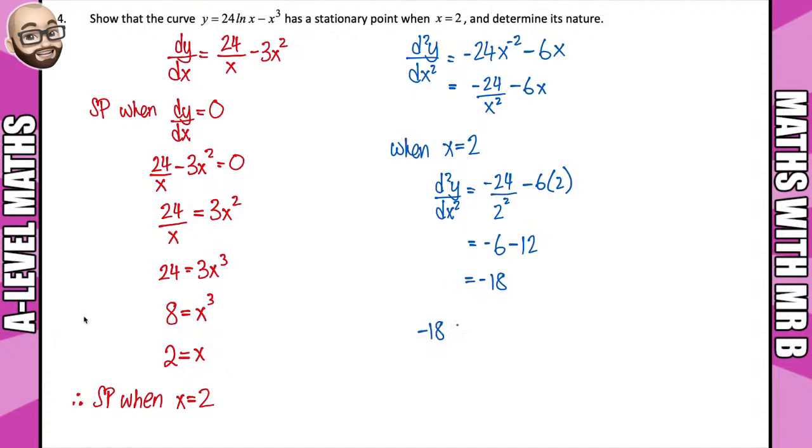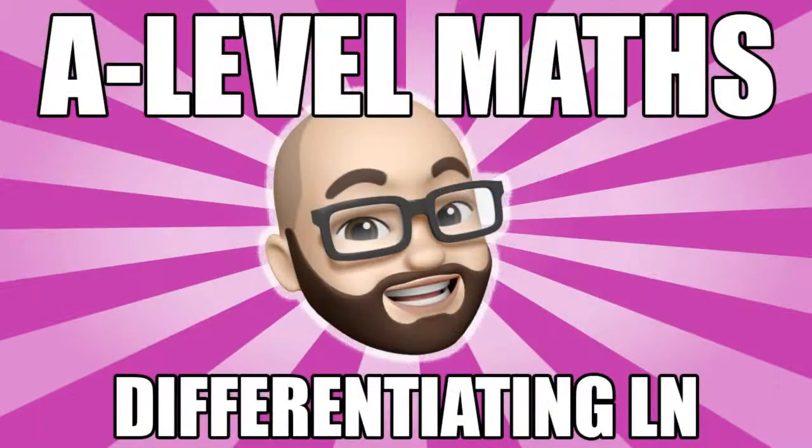Negative 18 is less than 0. Therefore, the stationary point is a maximum. And that is how we differentiate ln of x and how we can use it to solve any type of calculus questions involving the differentiation of it.